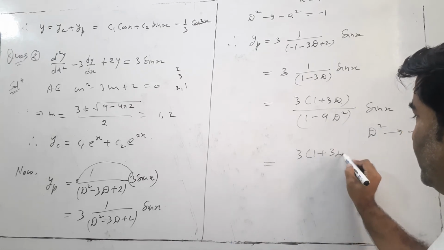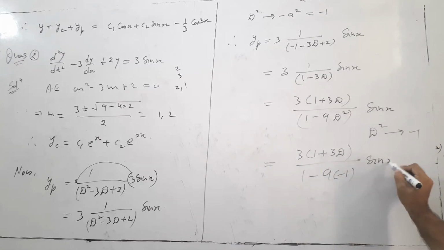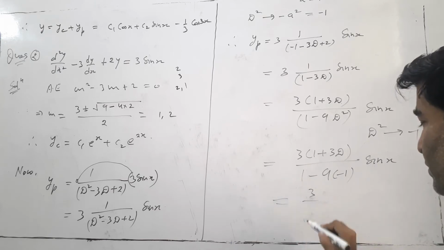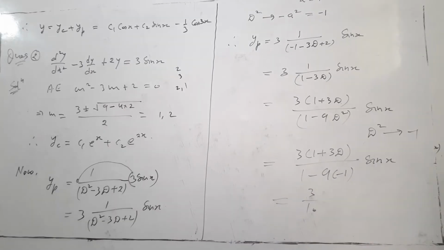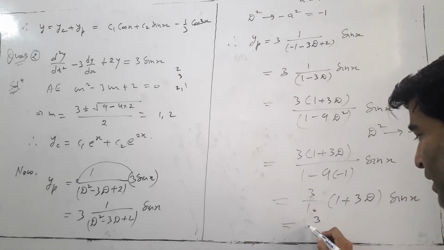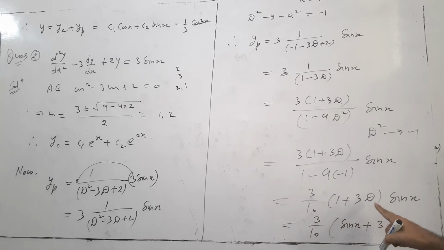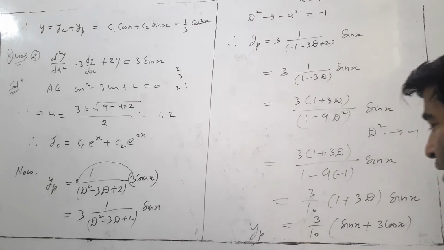So 1 plus 3D upon 1 minus 9 times minus 1, sin x, and here we have 3 upon 10 times 1 plus 3D sin x. D means derivative of sin x. On operating this operator, we have sin x plus 3 D of sin x, which means the derivative of sin x, cos x. This is the particular integral.